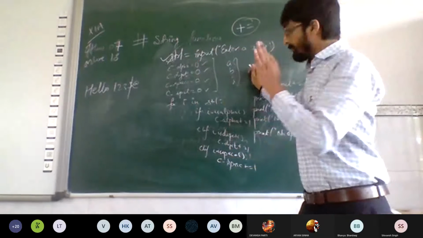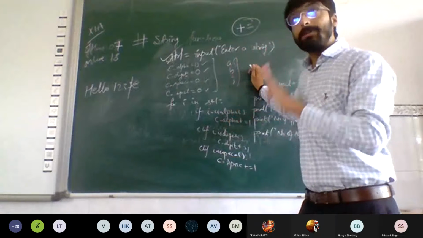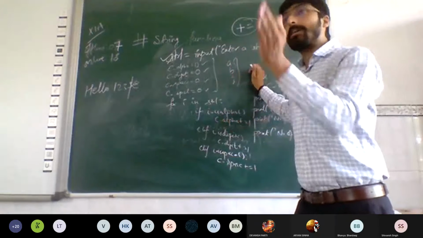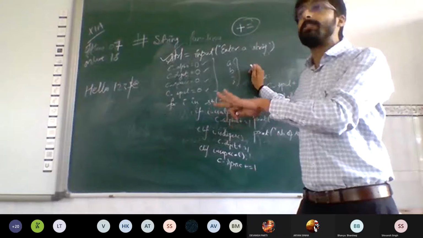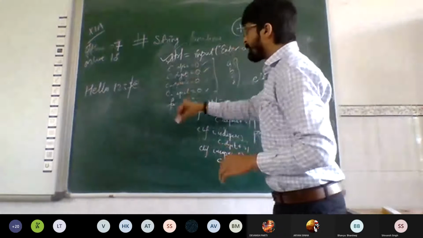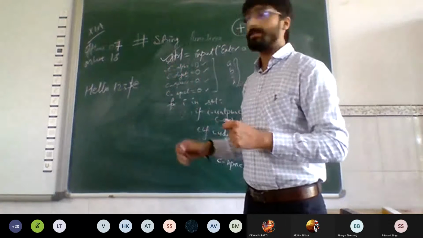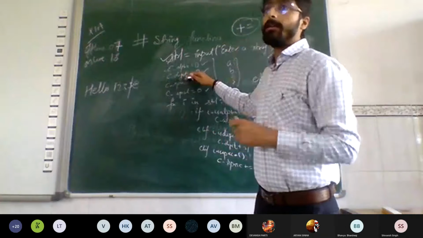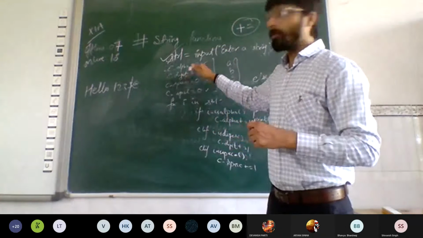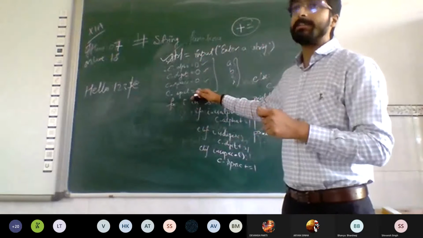After the program has been fully implemented, the coding has been done, the program is given to the tester to test the functionalities of the program. So it will be easier for the tester to know that C alpha is the counter variable for alphabets, C digit for the counter of digits, like this. So it helps the tester to test the program.